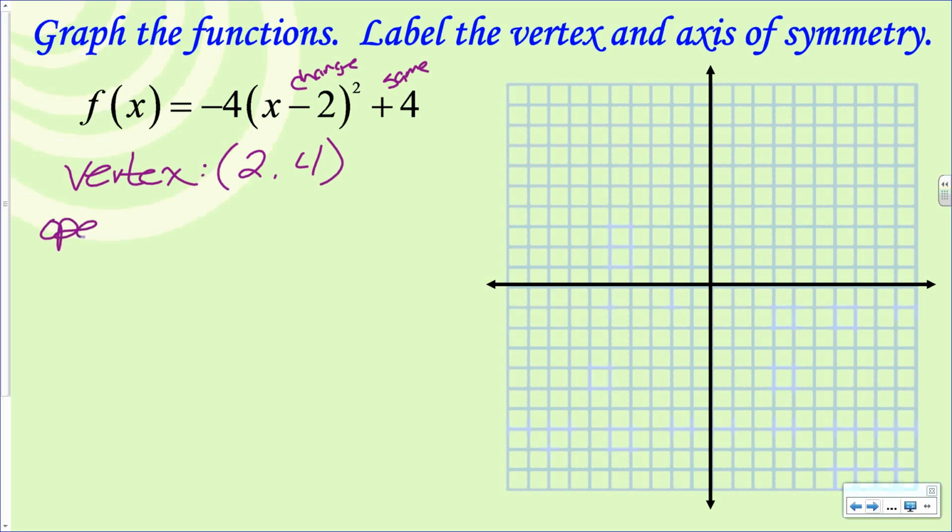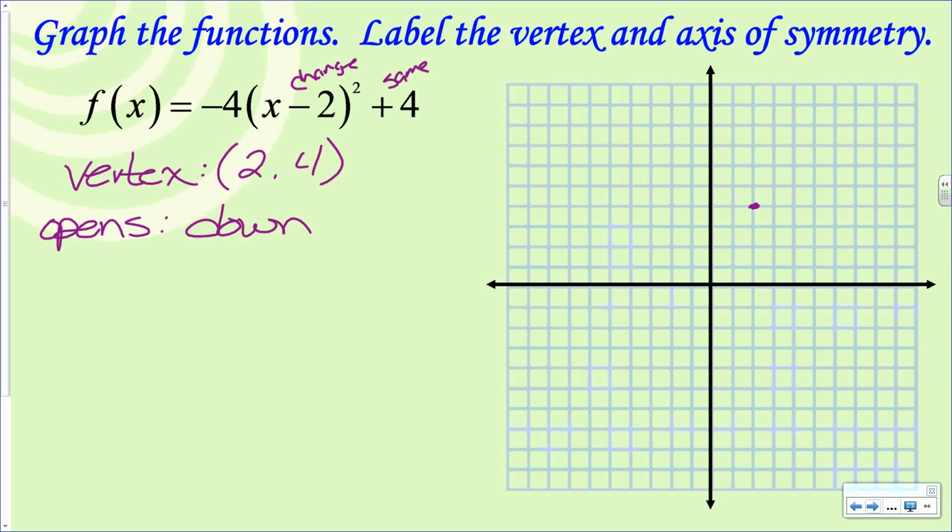So open up or down? Go over 2, up 4. Yeah, that's my vertex, 2, 4. Okay.